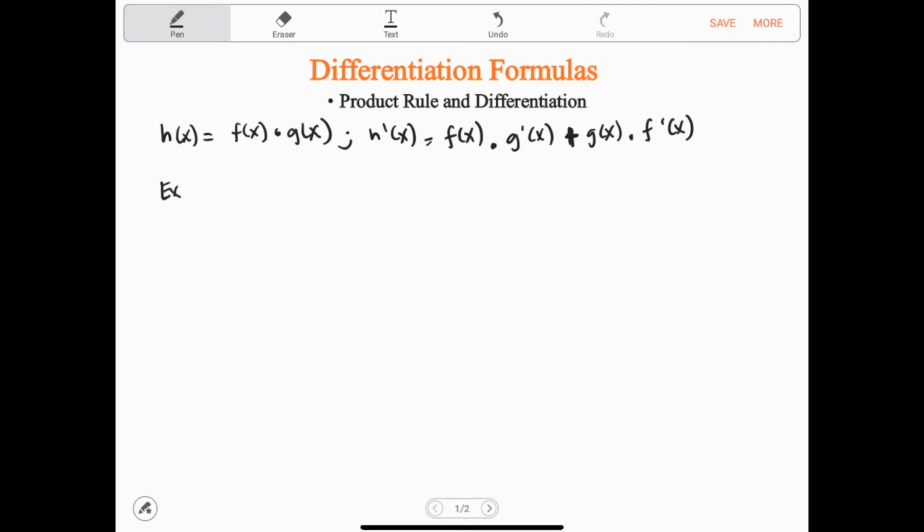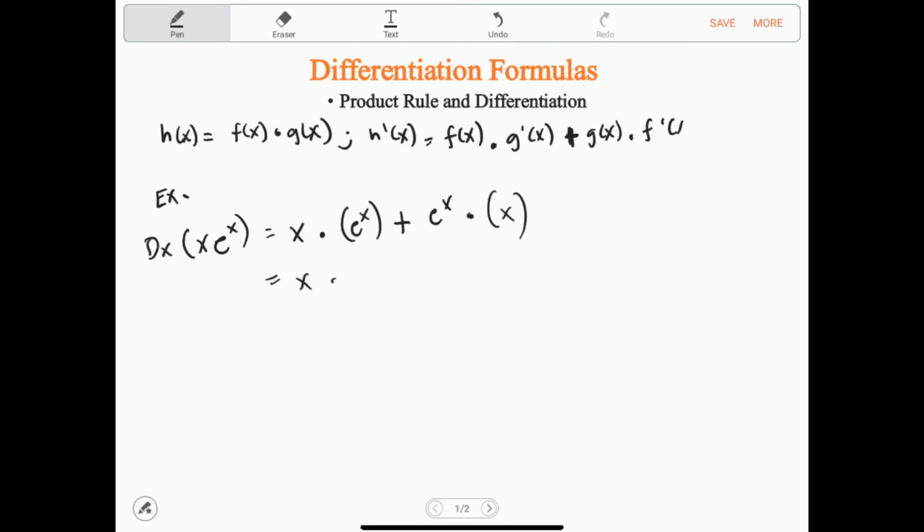Let's say the derivative of the quantity x times e raised to x is equal to copy x times the derivative of e raised to x, plus copy e raised to x times the derivative of x.